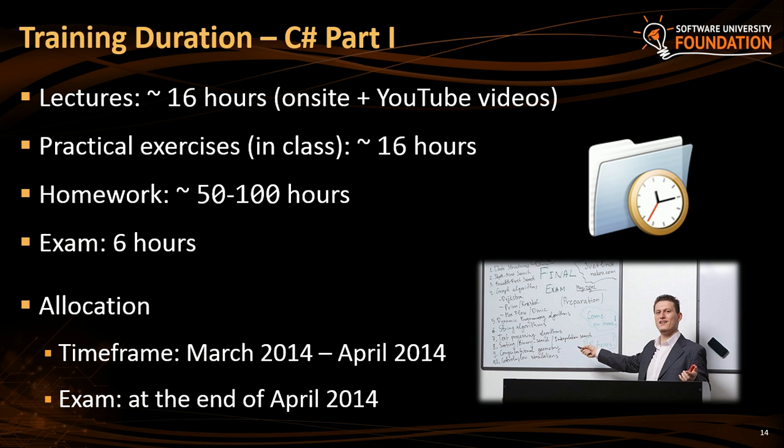So at the end of April, you'll come to exams, or most of you, maybe some of you will drop out earlier. And for the people who take the exam, there will be final standings. The first, for example, 400 of the people will be invited to sign up for the software university. After a few days, the deadline will pass, and some more people will be invited to sign up.